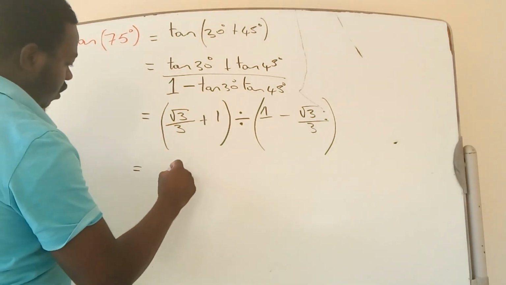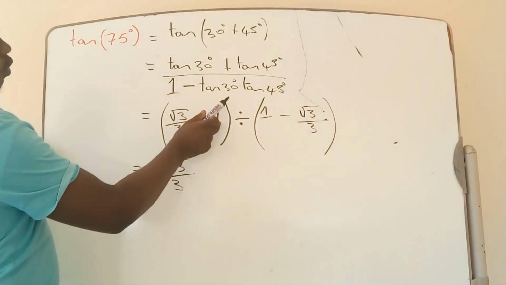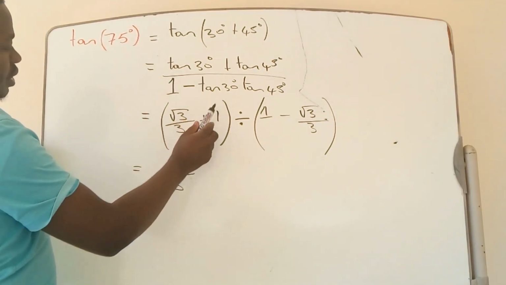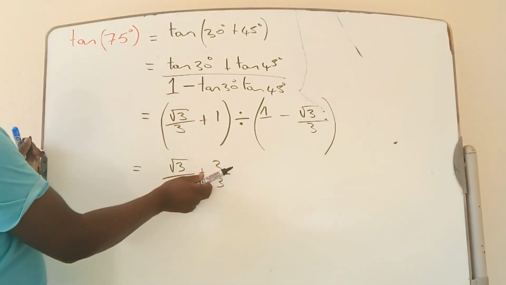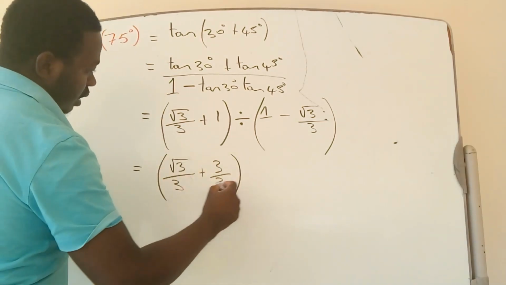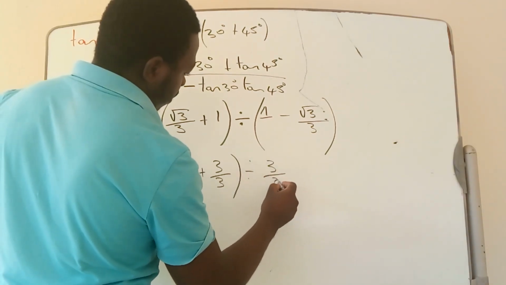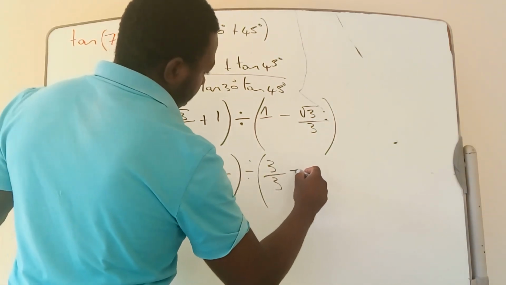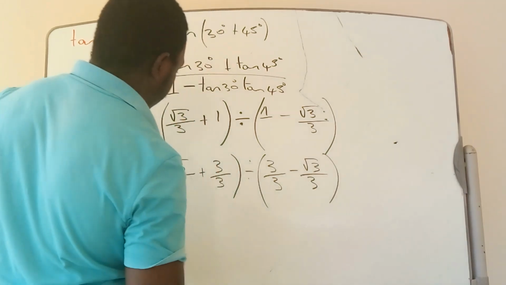Now, this is root 3 over 3. We can rewrite 1 with a denominator of 3 to be 3 over 3. That's the same thing. Because if we cancel 3 over 3, that's just 1. So all of that in bracket divided by, rewrite 1 here, this is 3 over 3 minus root 3 over 3, right?